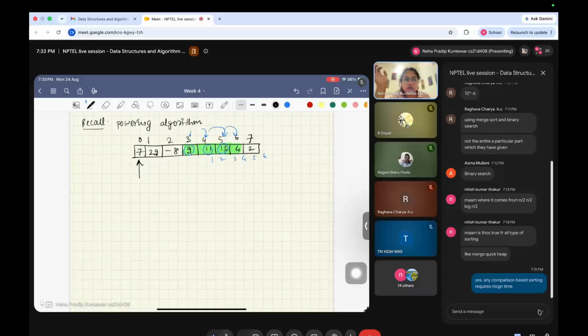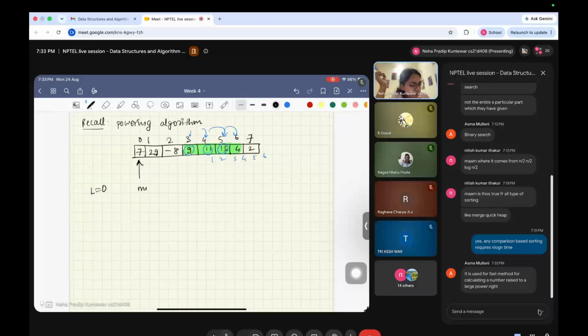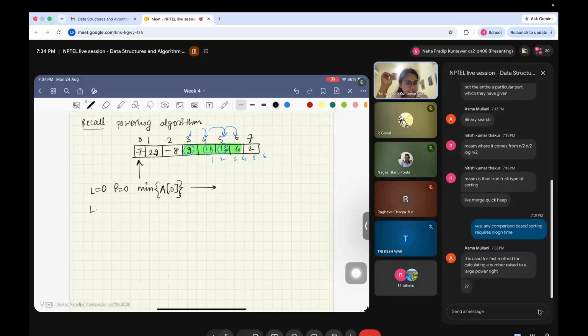Let's say you are at 0. Let's say I fix my L to 0, and R can be something, it can be 2, 3, anything up to 7. So what it says is that I will store in my array the minimum from, let's say R is 0, then let's say R is 2.